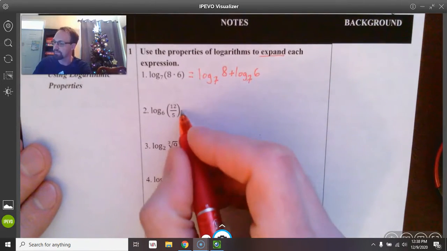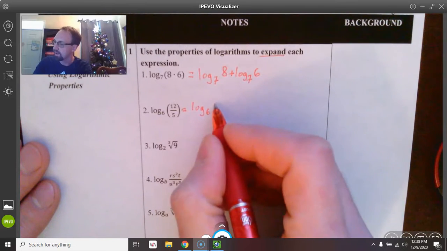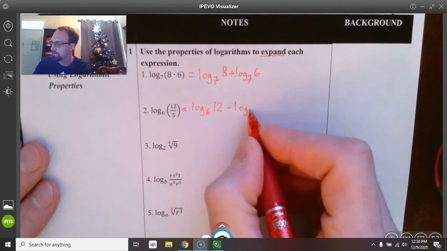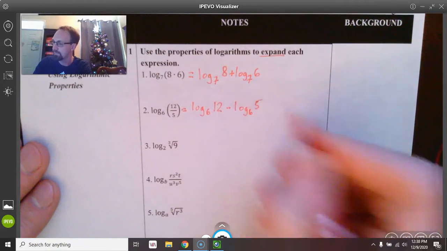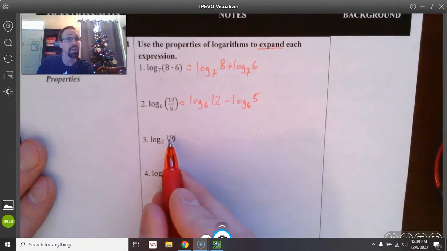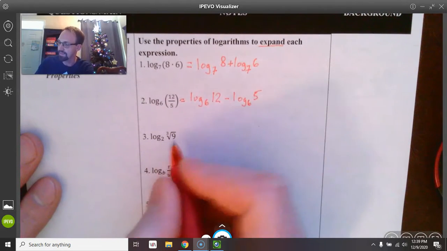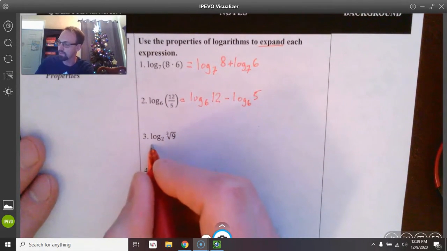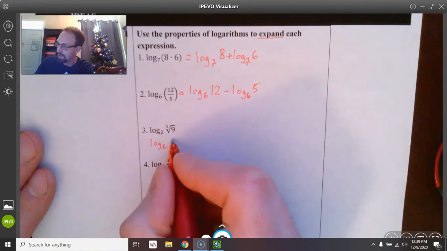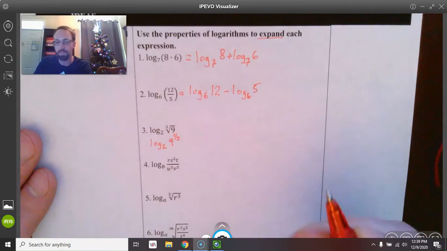So log base 6 of 12 fifths is the same as log base 6 of 12 minus log base 6 of 5. Now we're getting into log base 2 of the cubed root of 9. I just want to showcase that this is the same as log base 2 of 9 to the 1/3 power.